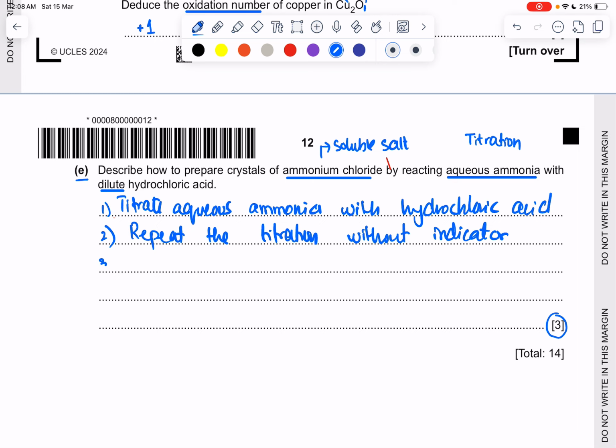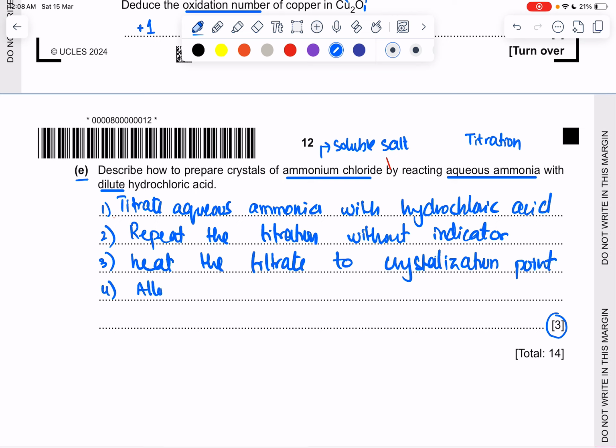And then because we need crystals, we will heat the filtrate to crystallization point, or we can use the word saturation point. After heating, allow the solution to cool so that crystallization can take place.